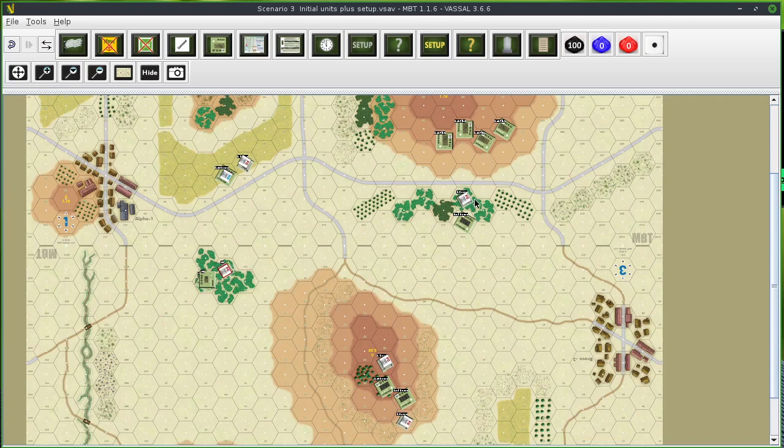Now, this recon unit, I can move over here. I can move them back, right here. Move them right there, maybe.